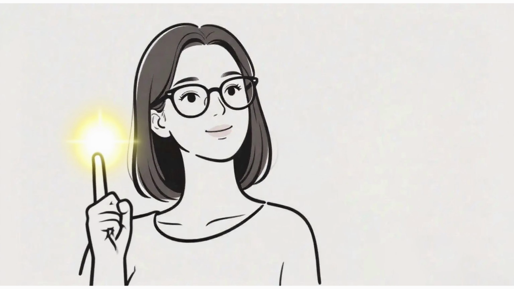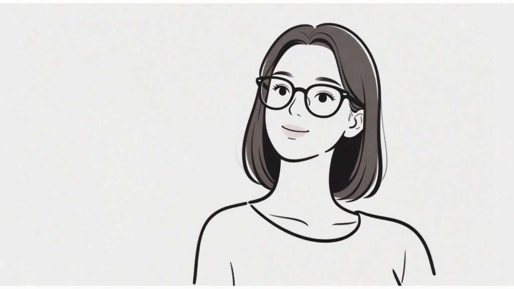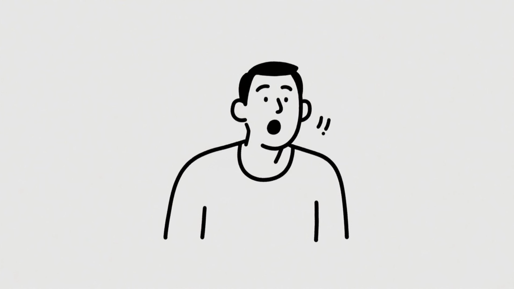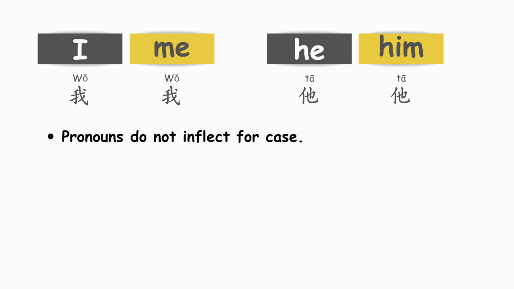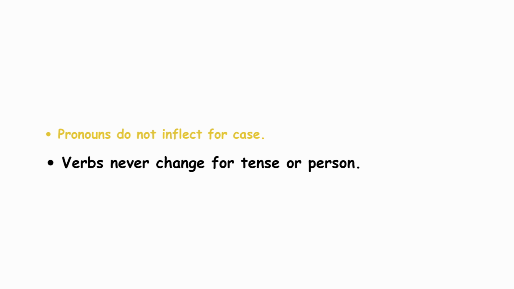Now, here's something that might surprise you. Mandarin can actually be even simpler than English. Why? Because words don't change their form. For example, the word for I is always the same. Whether it's the subject or the object, there's no I versus me. Verbs never change for tense or person either.